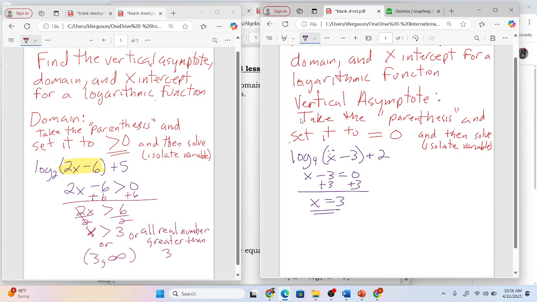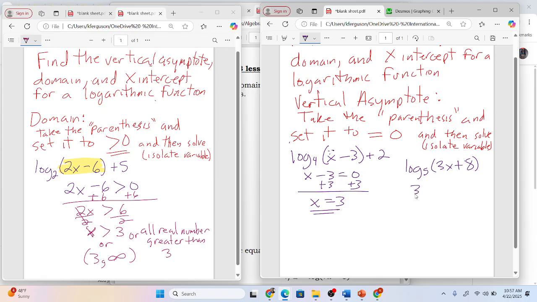Okay. So that's that. Let me just give you another example. Say log base 5 of 3x plus 8. And we don't even have to have anything else there.